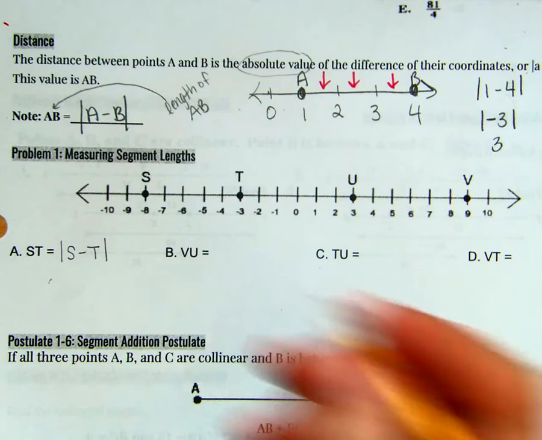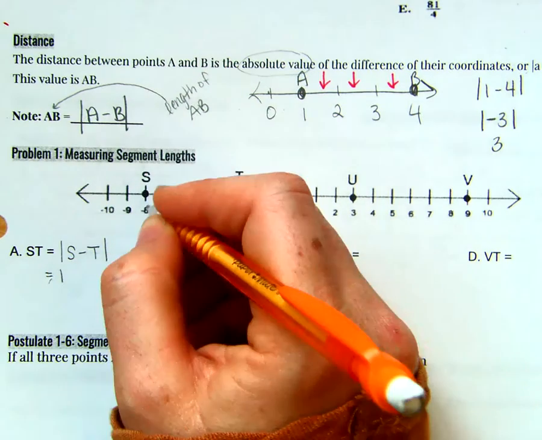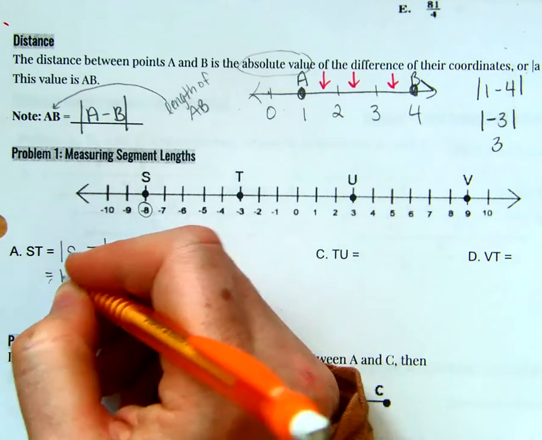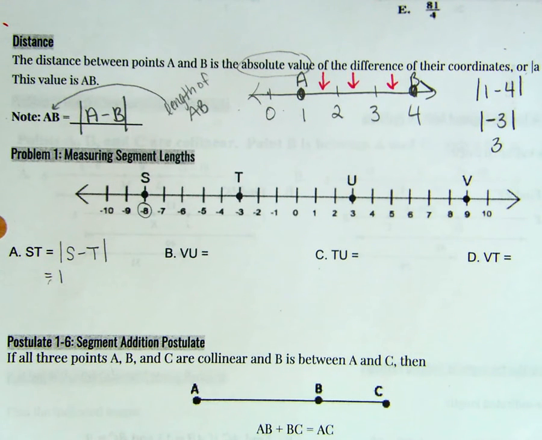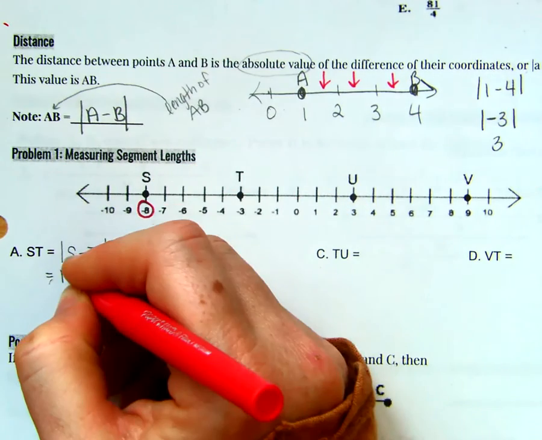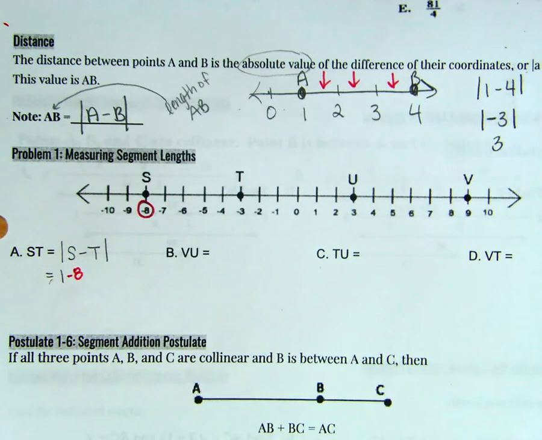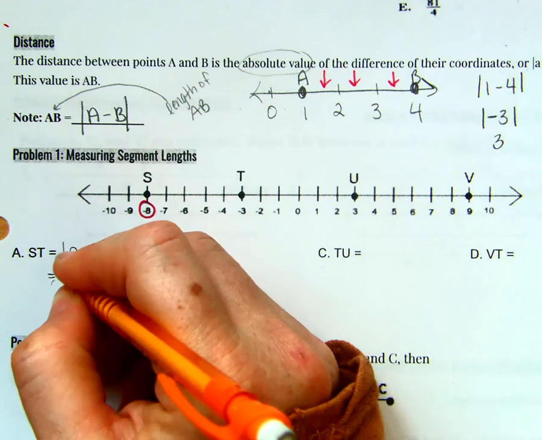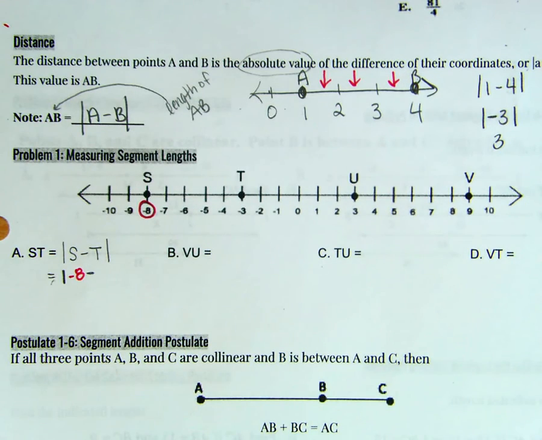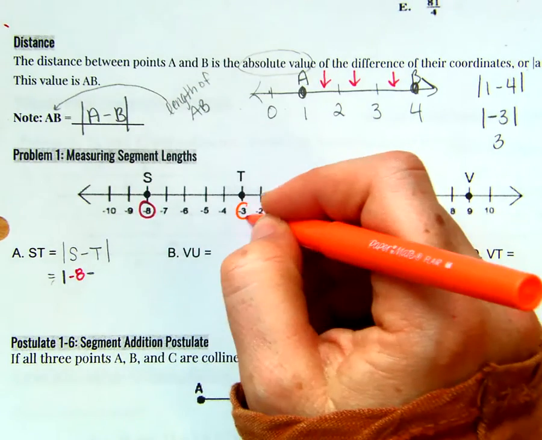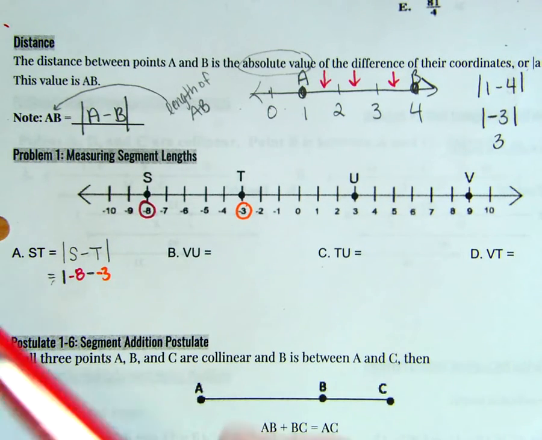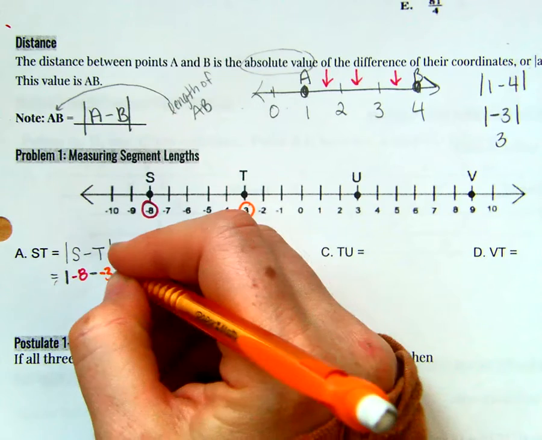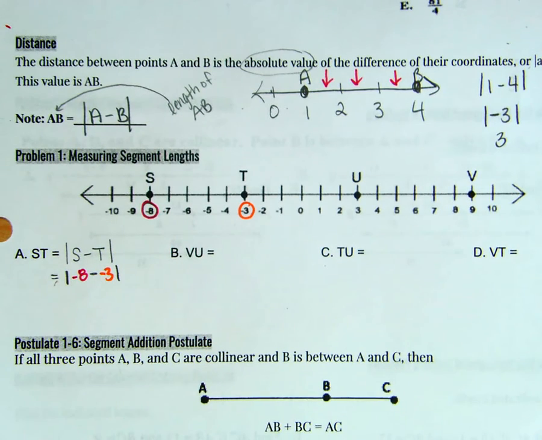Well, the coordinate for S is -8, minus the coordinate of T, which is -3. So I'm just finding my coordinates here, and then I'm just going to do some arithmetic.